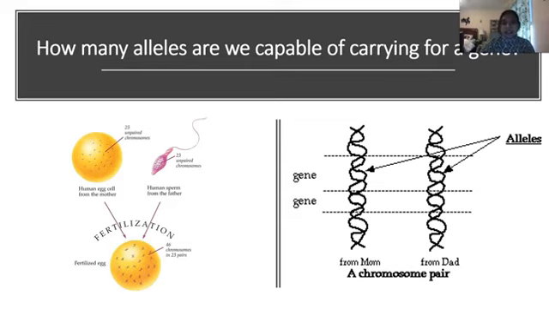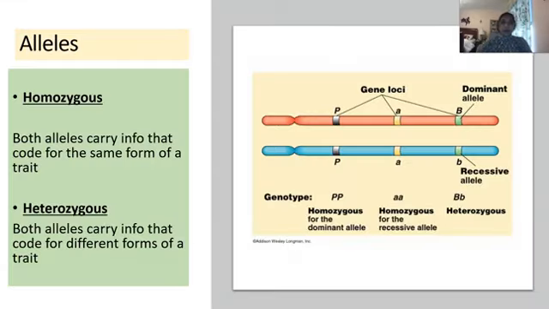Half of them are coming from your mom's egg, and the other half are coming from the sperm, which when combined together at fertilization will give you your fully fertilized egg in the form of its zygote.